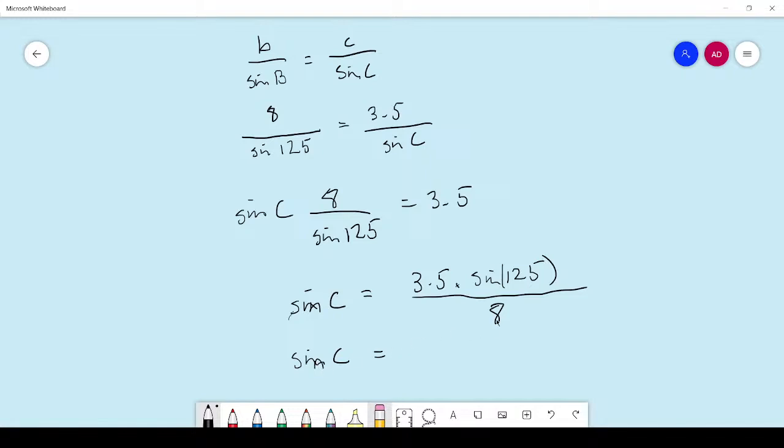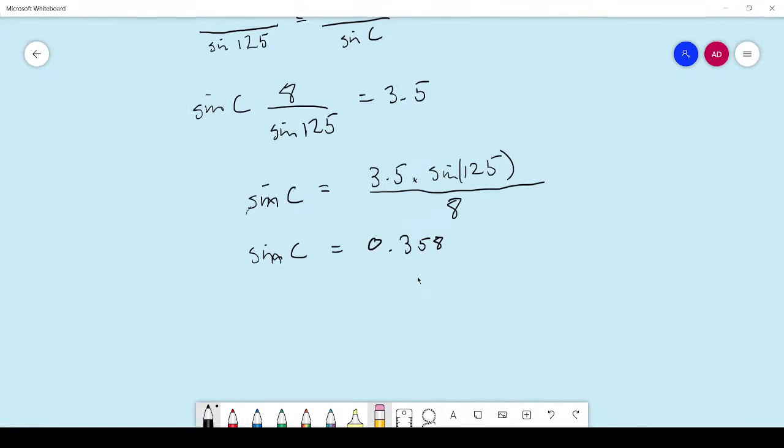Right, so sine C equals, let's use the calculator, 3.5 times sine 125, making sure it's set to degrees, not radians, and we get 0.358. Then just basic trig, we'll use the inverse function.